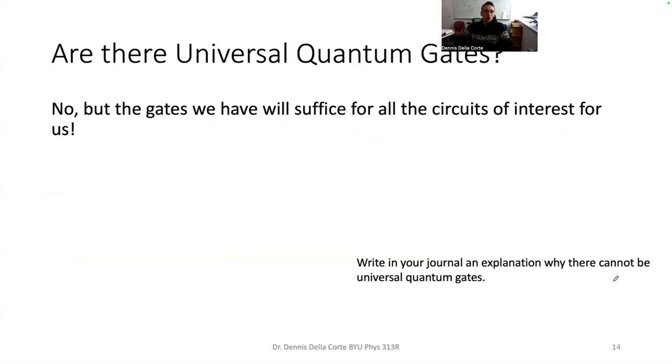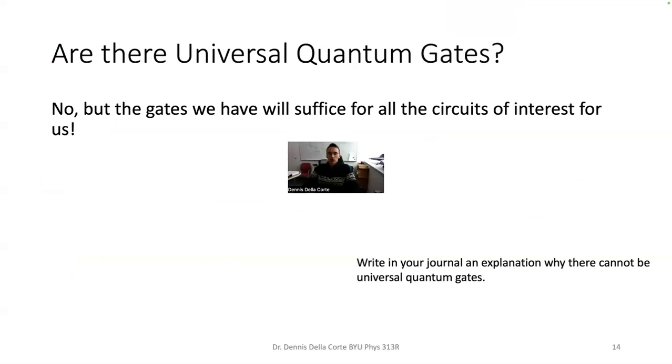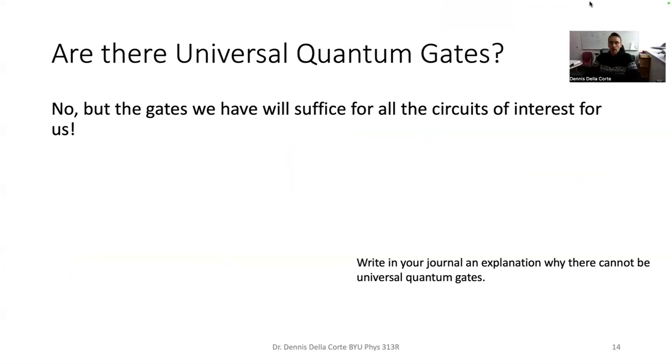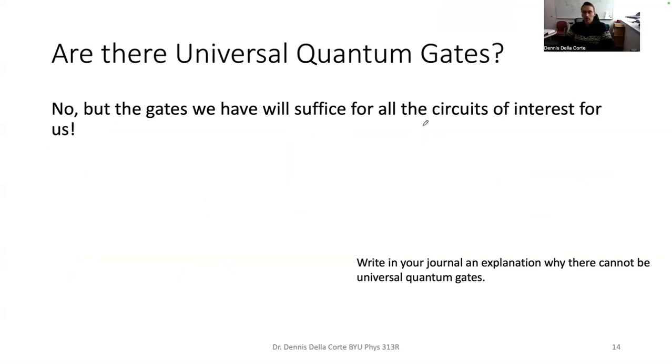Okay, great. Cool. Now the big question is, are there any universal quantum gates? We saw that the Fredkin and the Toffoli gate, for example, were universal gates because you could build anything out of them. Turns out that with quantum gates, because there's an infinite number of superpositions you can form, there's no, mathematically speaking, complete set of discrete gates that can build an infinite number of other things.